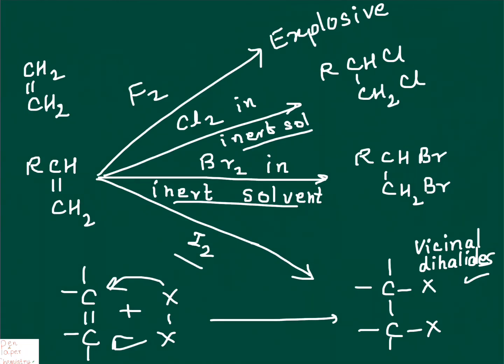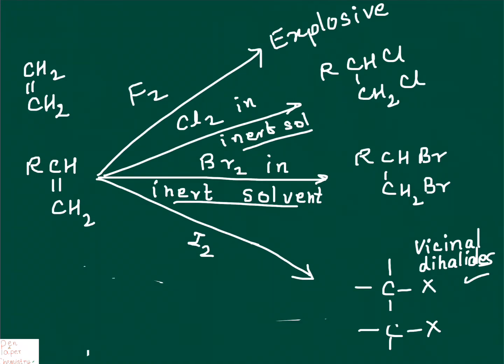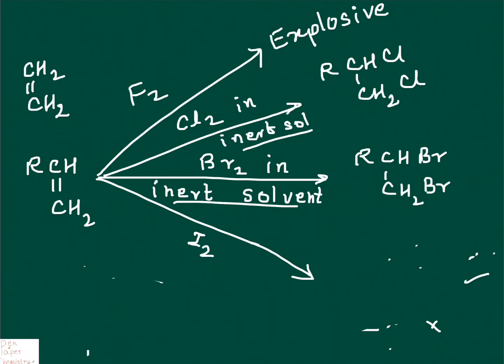What about iodine? Can you recall what happens for iodine in the case of alkanes? When you were reacting alkanes with iodine, the reaction wouldn't go forward, right? Why? Yes, because it's a reversible reaction. The same thing is observed in the case of alkenes as well.